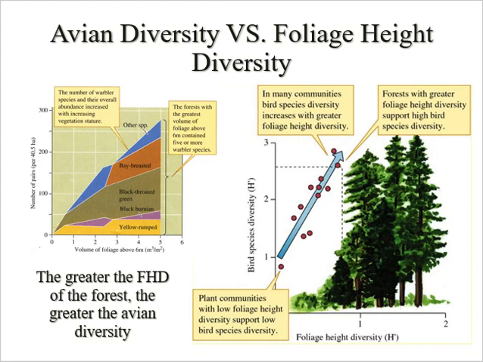And so he took this information and then went on further to study this relationship in a variety of other forest or habitat types around the globe, other regions of North America, all the way to various regions of Australia. And he found continually this positive correlation between foliage height diversity and bird species diversity.